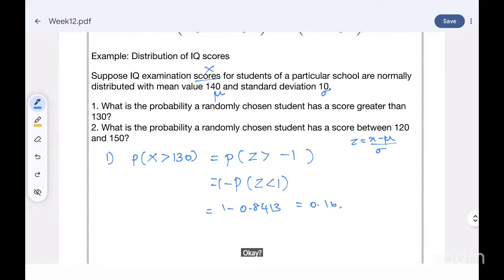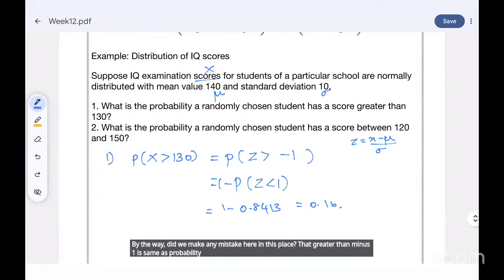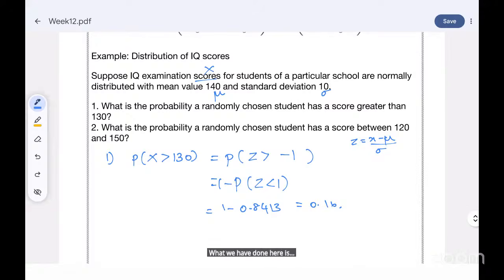Okay. Fine. What about the second part? By the way, did we make any mistake here in this place? Probability of Z greater than minus 1 should equal the probability of Z less than 1.